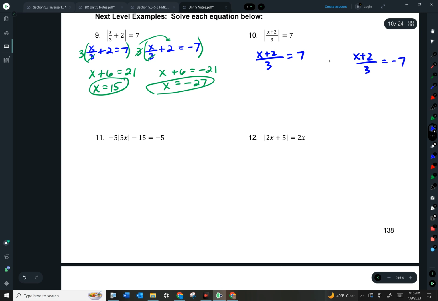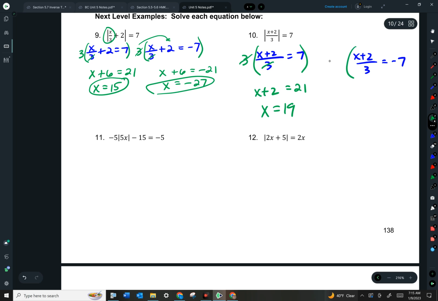Now, it seems almost exactly the same, but the difference is, in the first case, it was only the x that was being divided by 3, but now it's the whole thing. So again, when I multiply all the way through by 3, these 3's cancel, so on the left all I have is x plus 2, but you still have to multiply the other side by 3 and get your 21. So in this case, x equals 19.